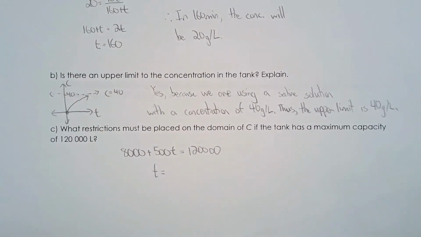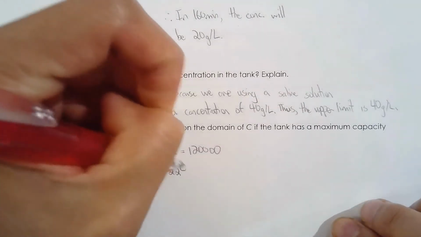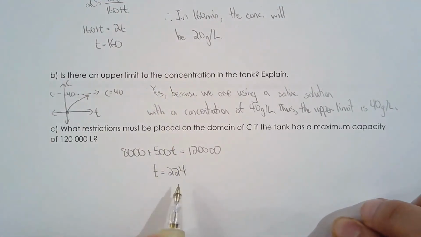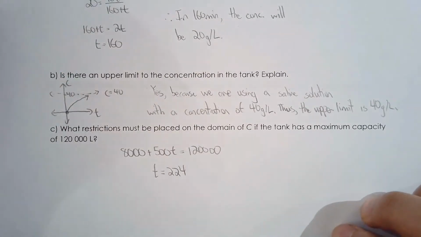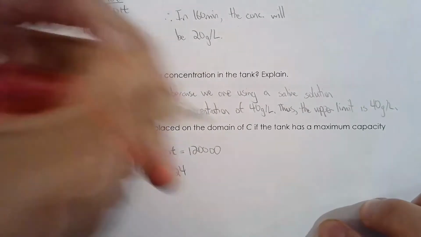That's 224. Perfect. So that means in 224 minutes, the tank will reach its maximum capacity. So therefore, the domain of C of t is from 0 to 224.